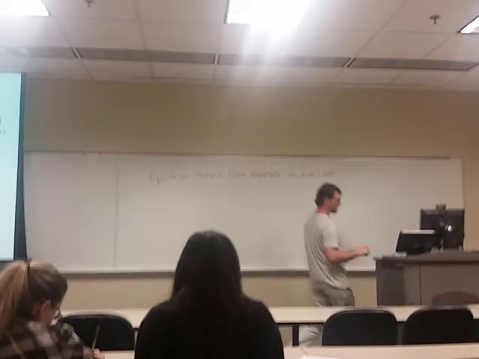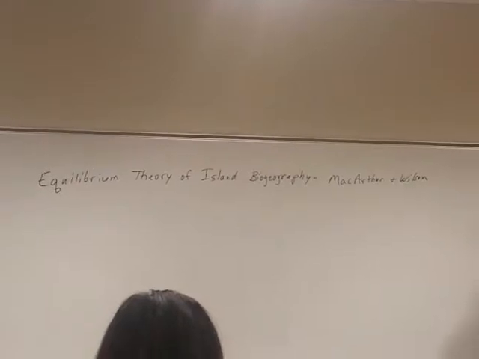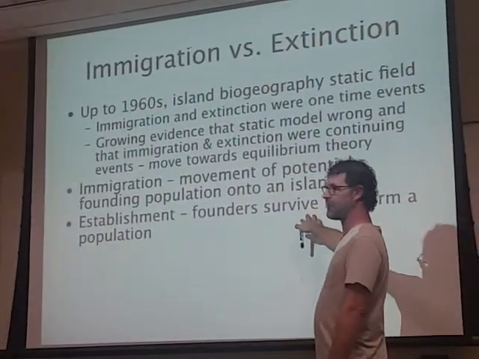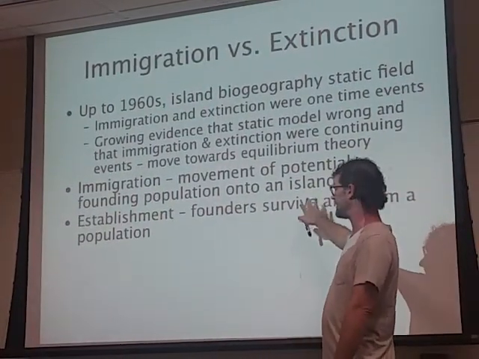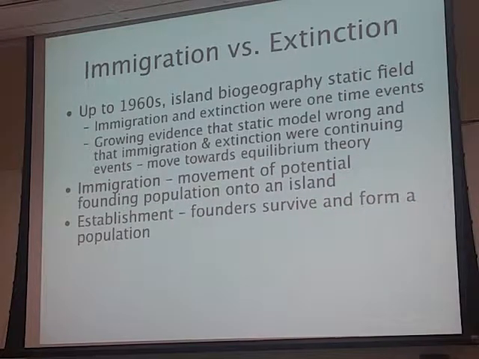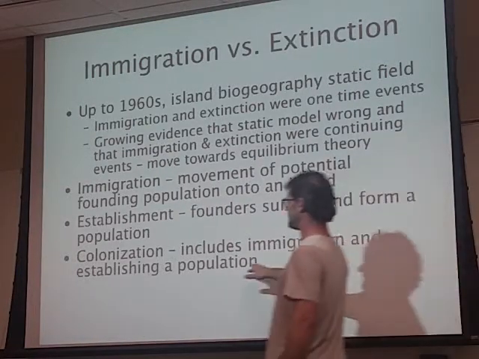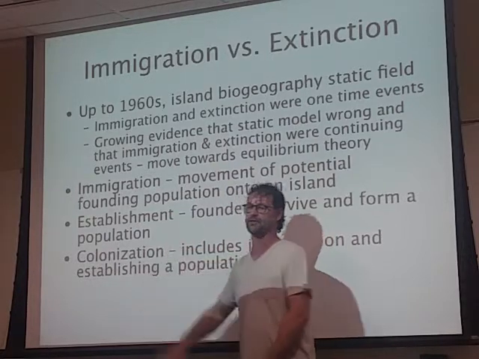Immigration would be the movement of a potential founding population onto an island. Just because it makes it there does not mean that it becomes established, so the next term would be establishment. If the founders survive and form a population, we would define that as establishment. So this term colonization includes both of the above terms. It includes immigration and establishment. Then that would be a successful colonization.